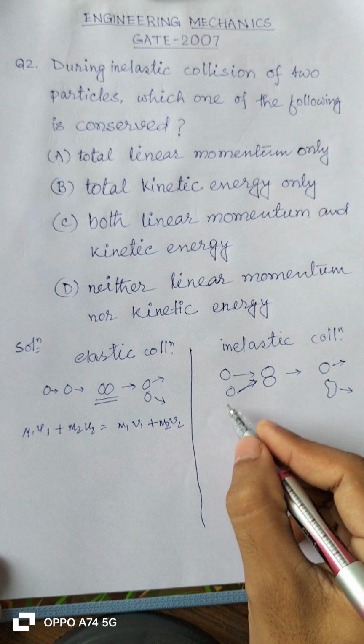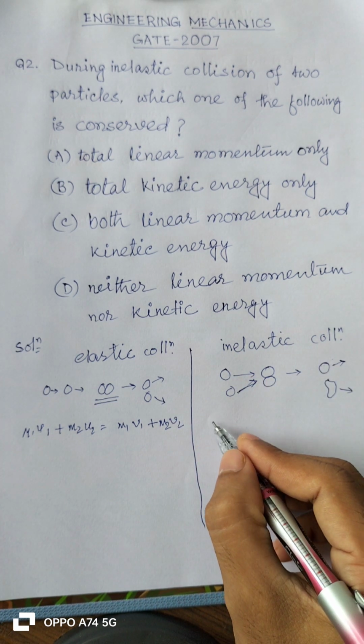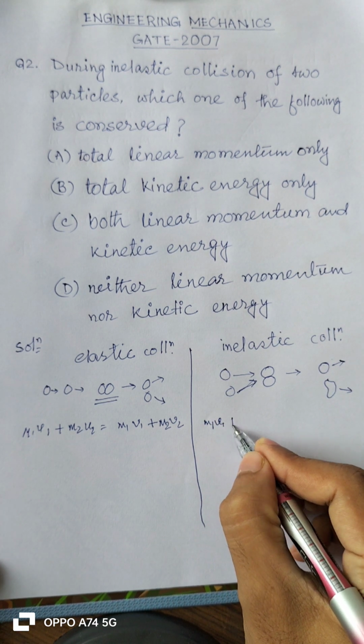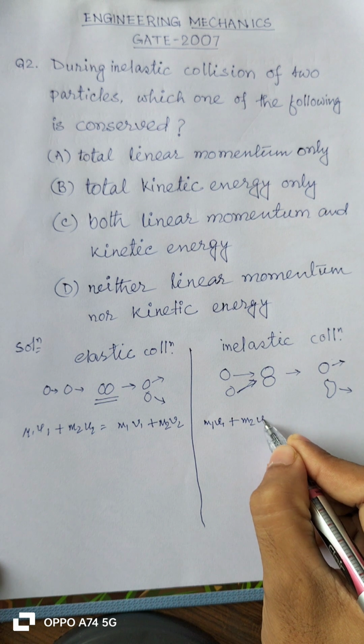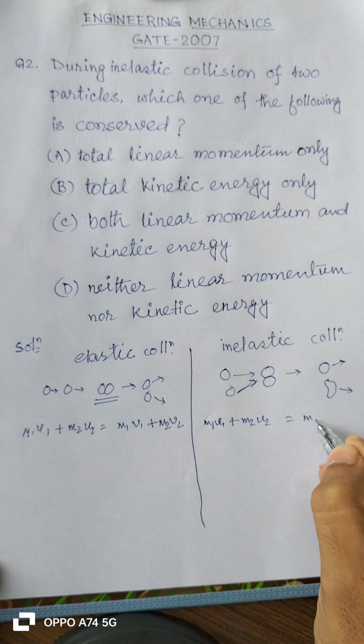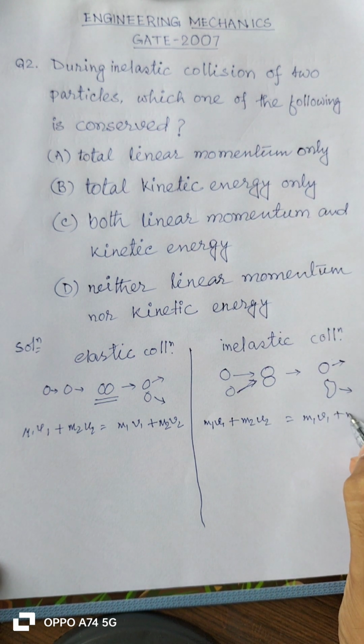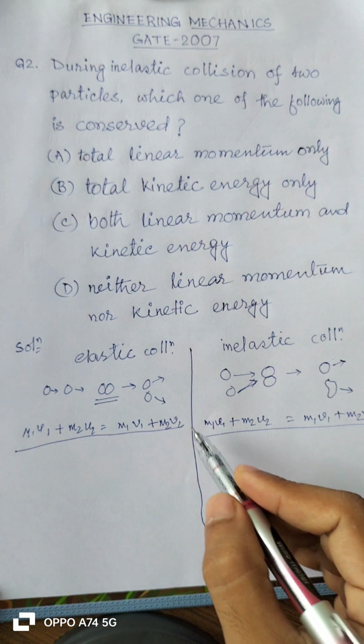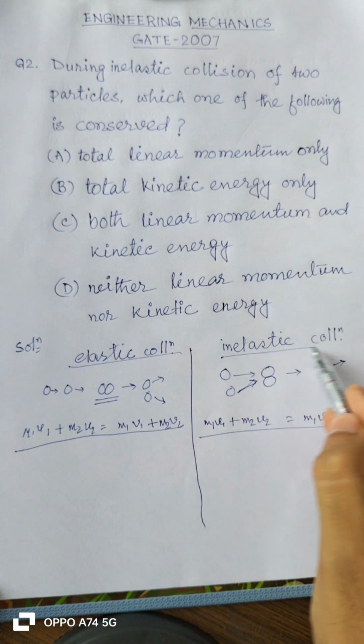This is the same in case of inelastic collision also: m1 u1 plus m2 u2 is equal to m1 v1 plus m2 v2. So this is true for both the collisions.